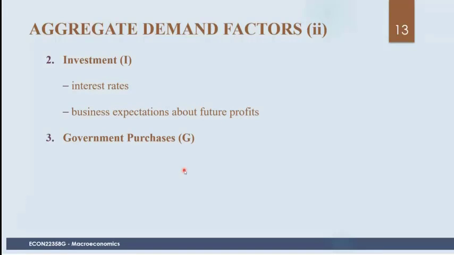Government purchases is the third item, and our last item is net exports. One thing related to net exports is foreign income. If a trading partner's economy is booming, they're going to tend to import more, and that's how foreign incomes relate to our spending.